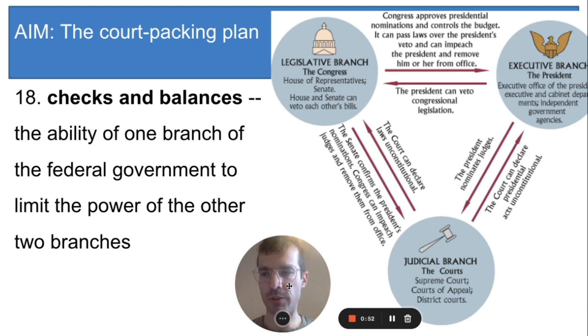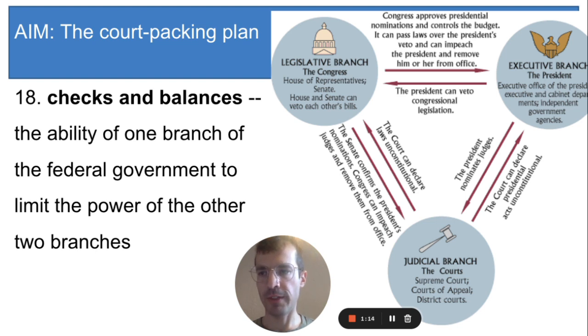Take a look at the image, which shows some of the ways that the branches can check or limit the other two. Let's look first at the executive branch, which is the president, and the judicial branch, which includes the Supreme Court. There are 9 judges on the Supreme Court who get to serve for their entire life.